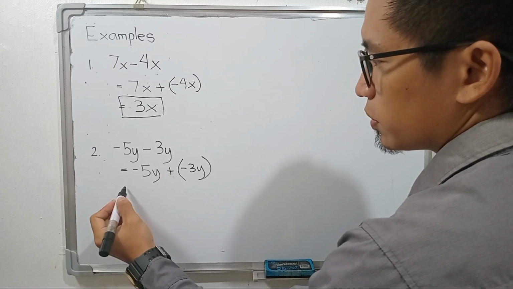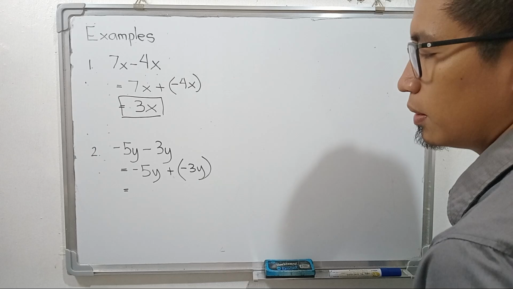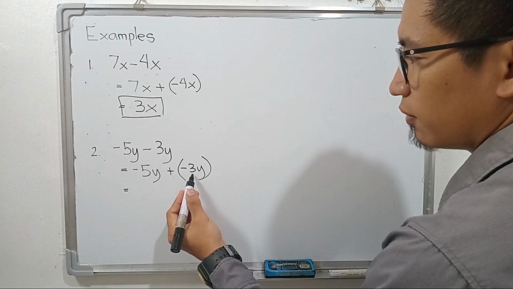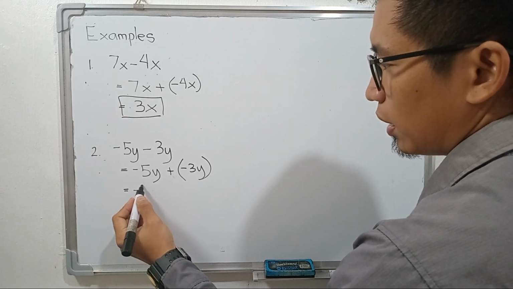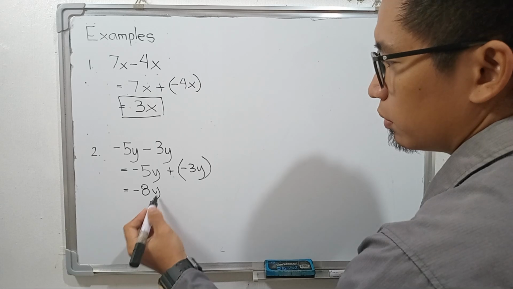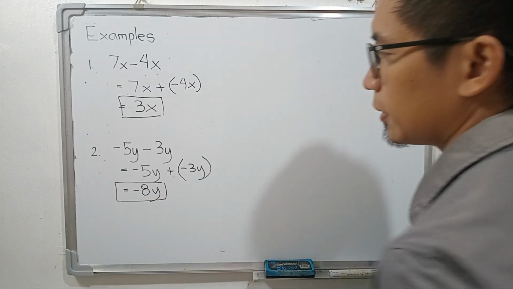So here we proceed with addition of monomials. We add their numerical coefficients. Negative 5 plus negative 3 is negative 8, and then we just copy their common variable. The answer is negative 8y.